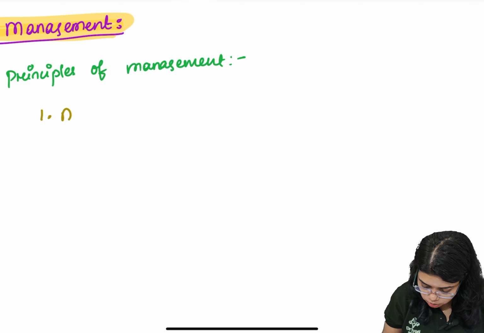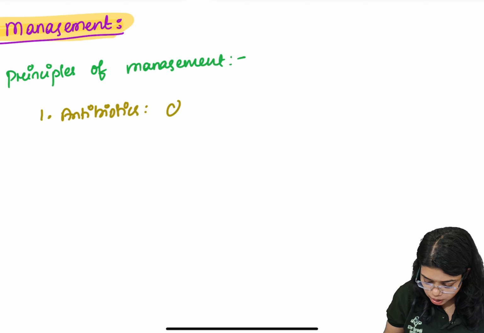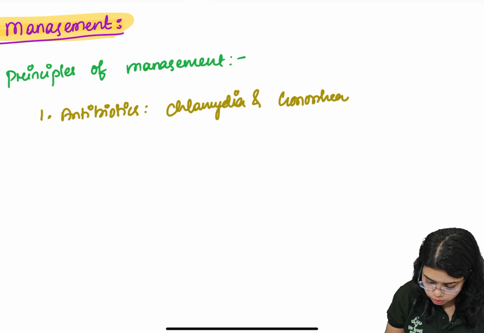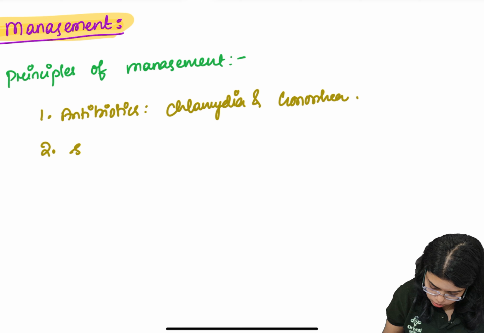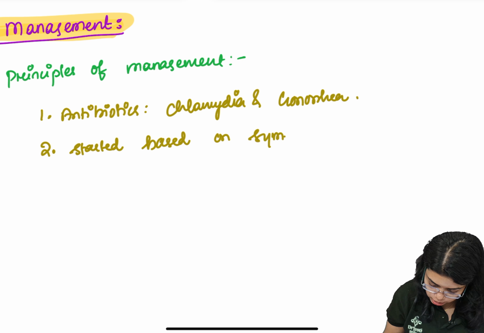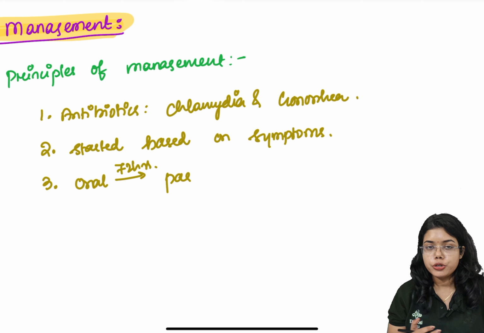So first we should give antibiotics that cover chlamydia and gonorrhea, started based on symptoms, that is clinical diagnosis. First we give oral, and then we wait 72 hours for resolution of the symptoms.